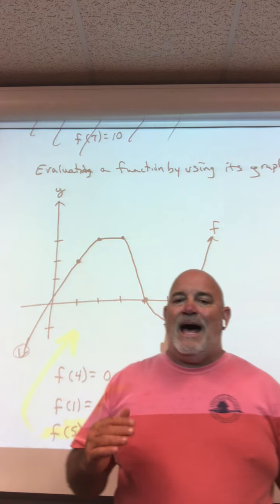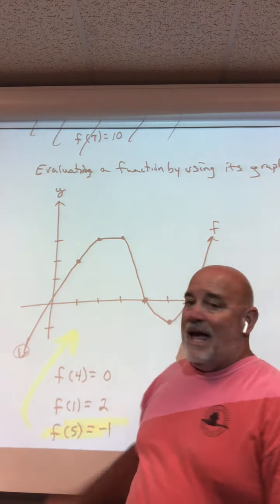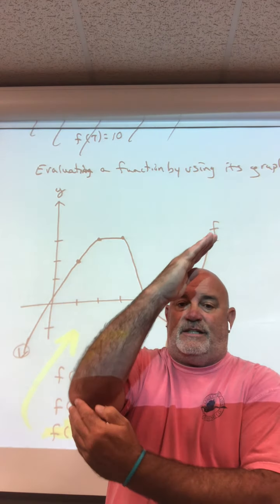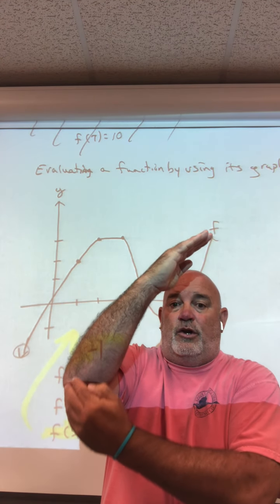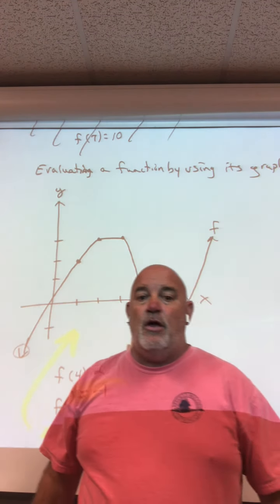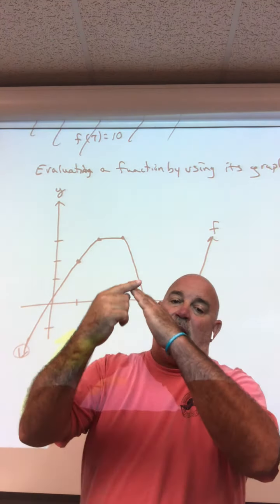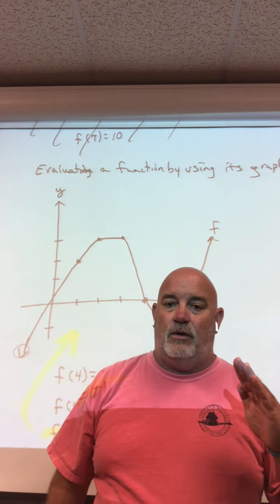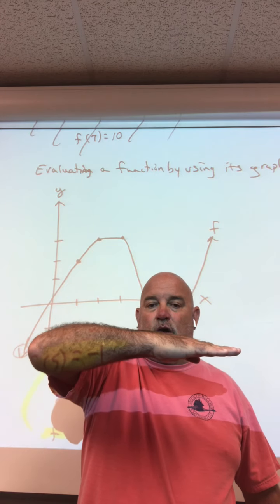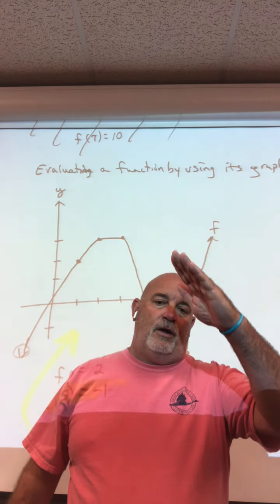Now, if y is increasing, remember your y-axis, that's up and down. So your function is increasing just simply this, when you're going uphill, because your y's are getting bigger and bigger. Your y's are getting smaller and smaller if you're going downhill, and your function is constant where the graph is straight across. So if you're going uphill, you're increasing.